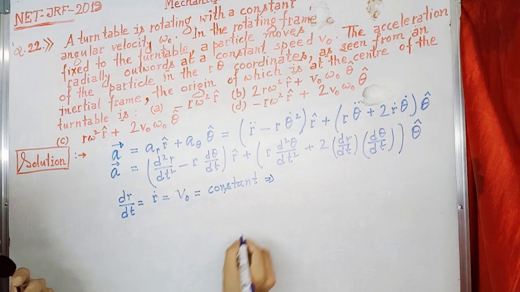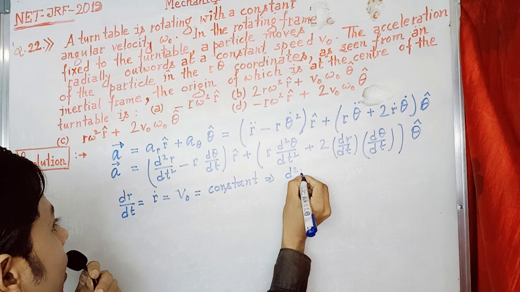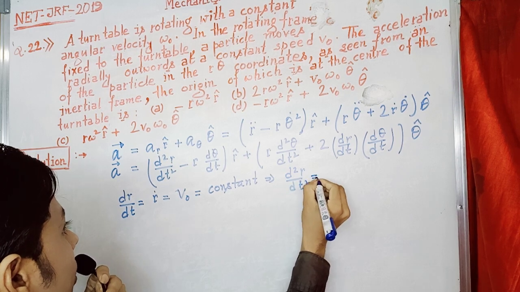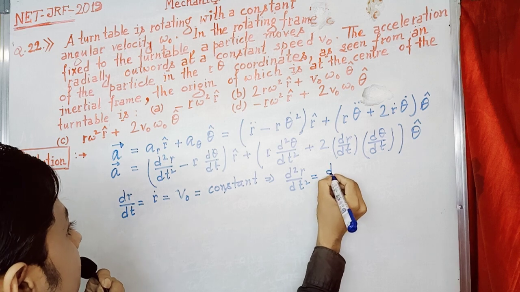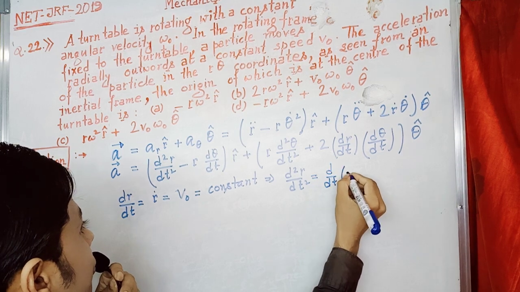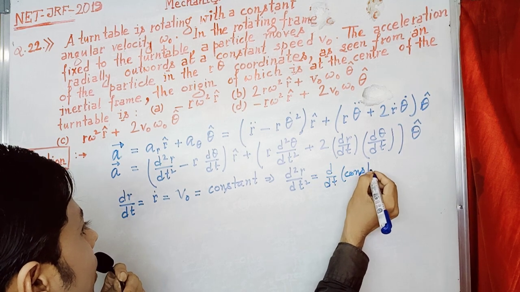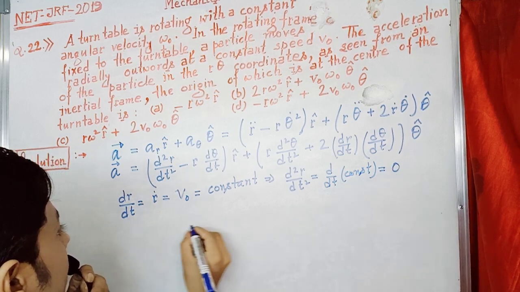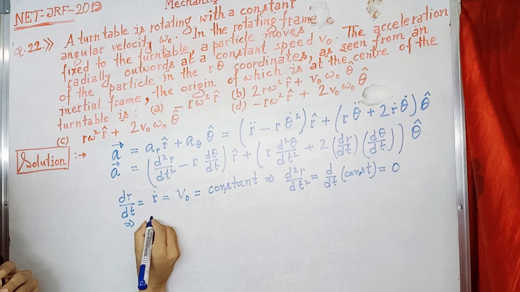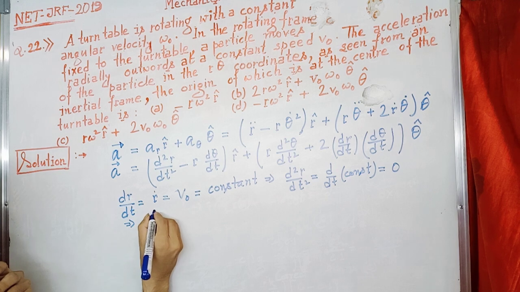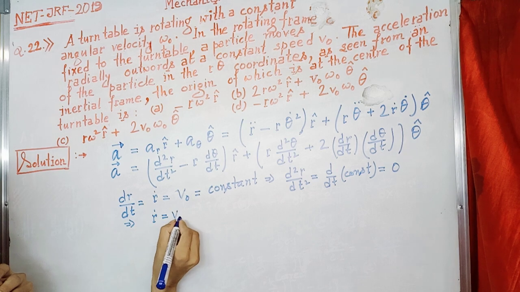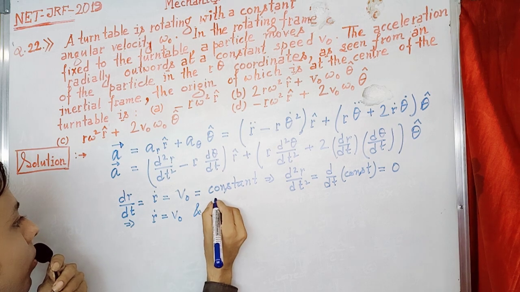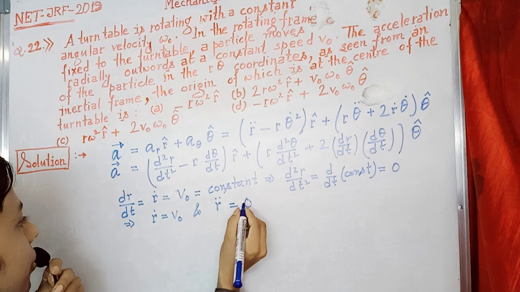Now we can write d2r with respect to dt square will be equal to d dt of a constant. As the derivative of a constant term is equal to 0, therefore r dot is equal to v naught and r double dot is equal to 0.